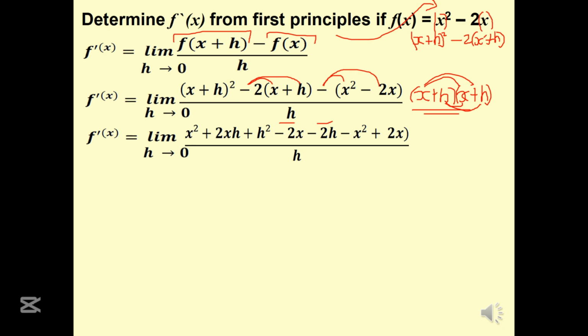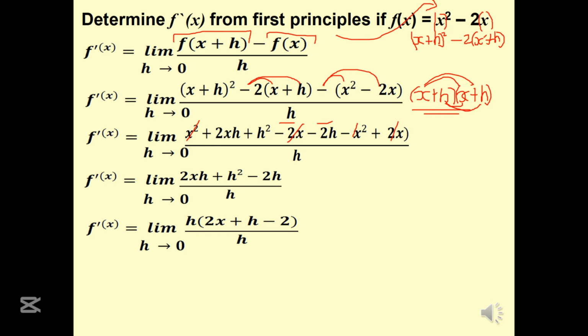Now we need to simplify. Simplifying means you are basically adding and subtracting like terms. So x squared minus x squared, minus 2x plus 2x, those are the like terms I have. Now my expression is smaller. At this level, please make sure that every term has h as a common factor, because from here we need to factor out h.